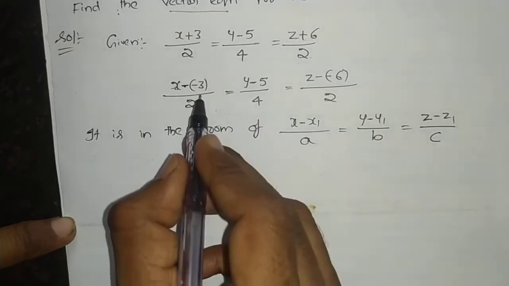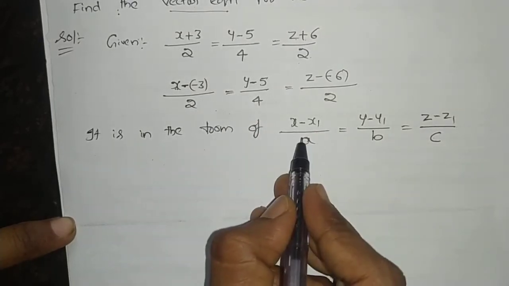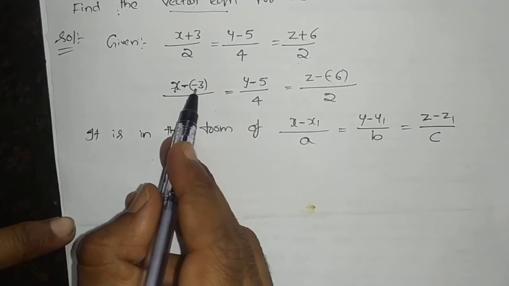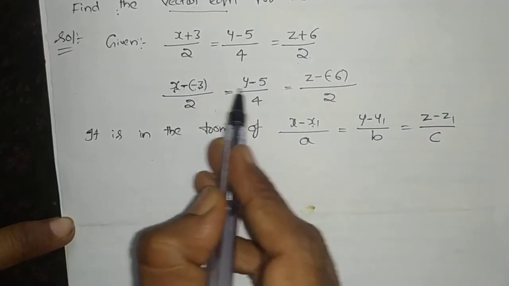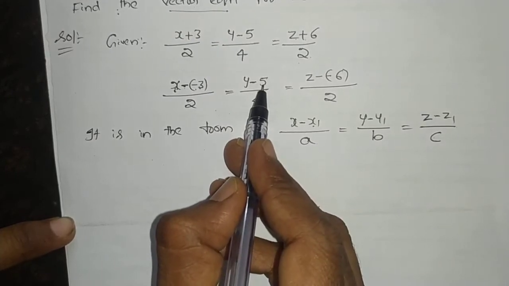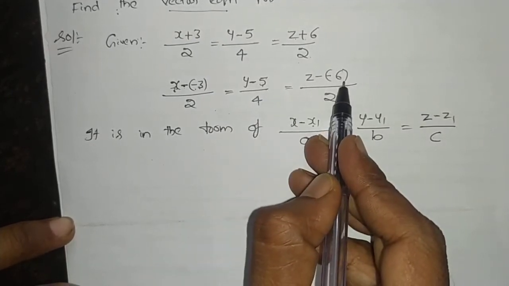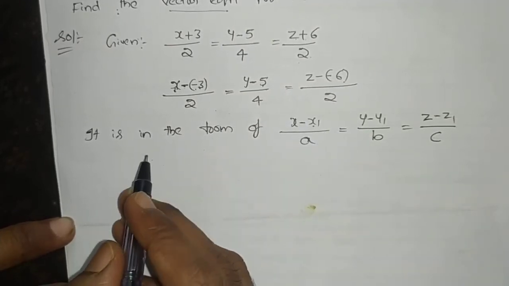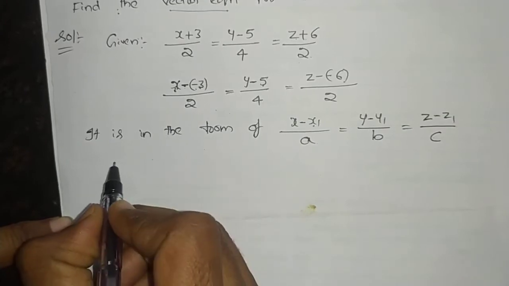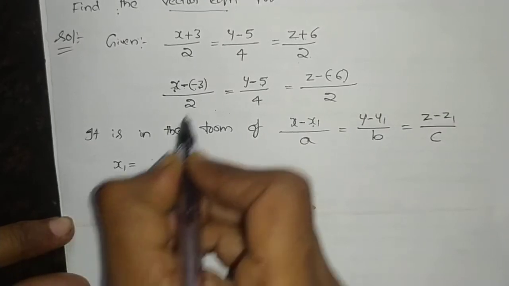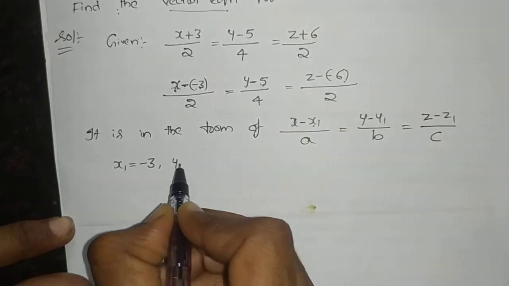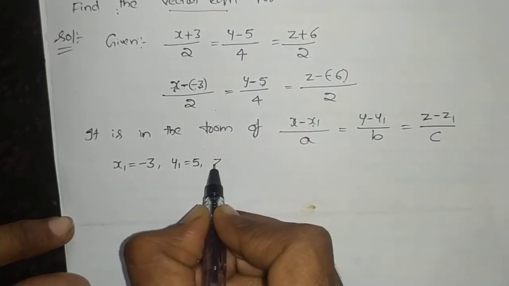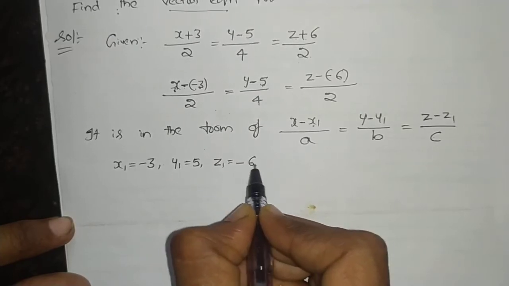Now compare this one with this equation. X minus of minus 3, so x1 is minus 3, y1 is plus 5, z1 is minus 6.